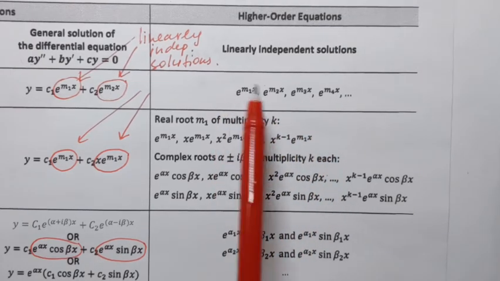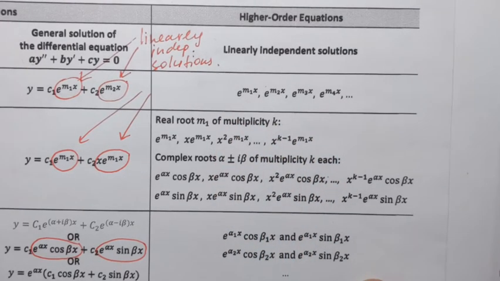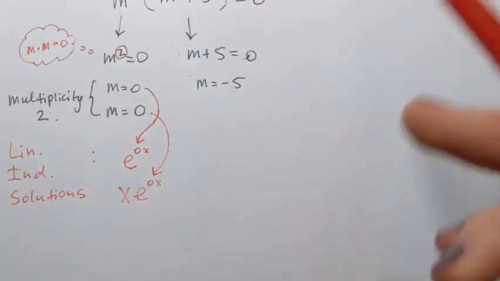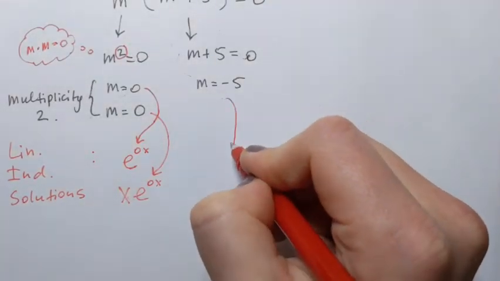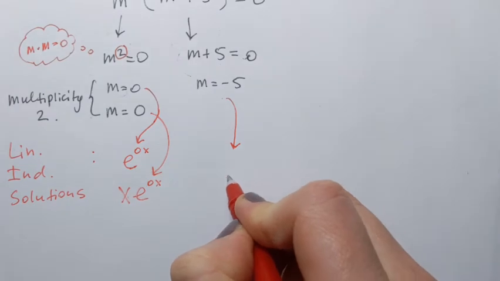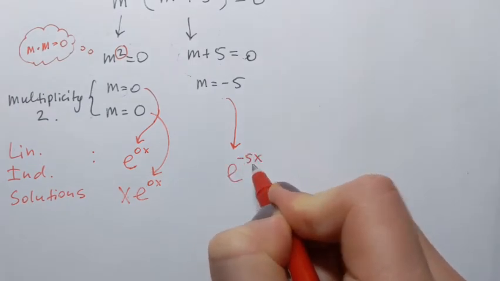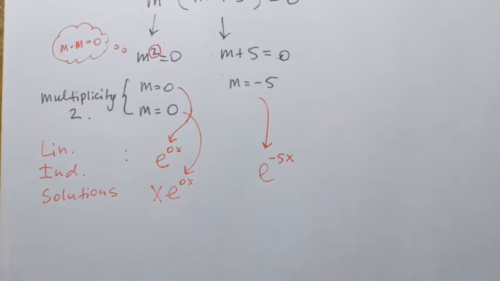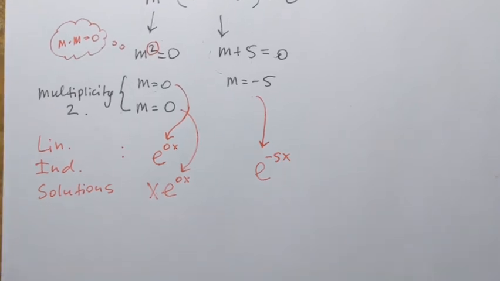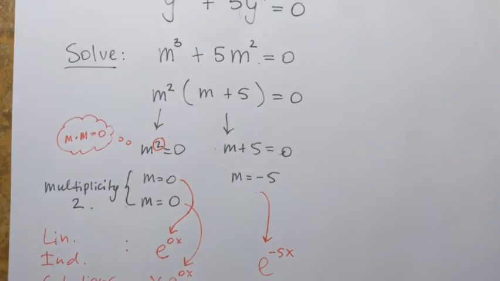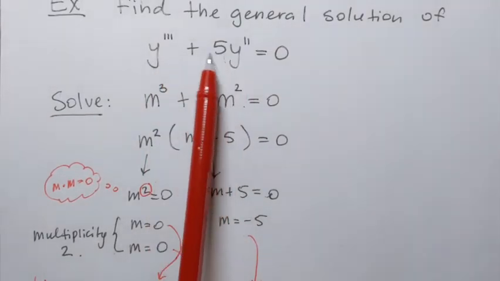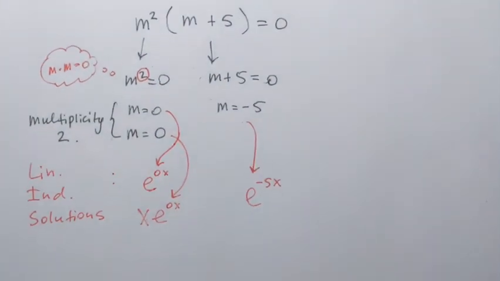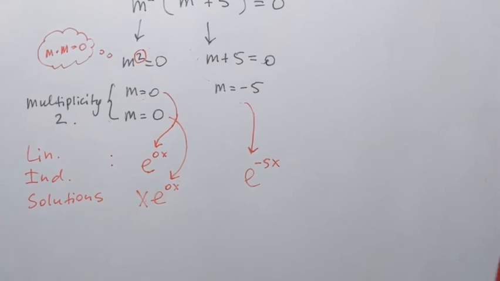So we're only going to have one linearly independent solution of this form. So from here, the linearly independent solution is going to look like this: e to the power -5x. And as you can see, the number of linearly independent solutions corresponds to the order of the equation, right? Because of all that, now we can obtain the general solution.